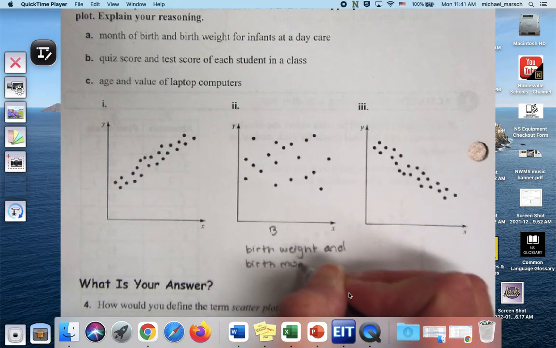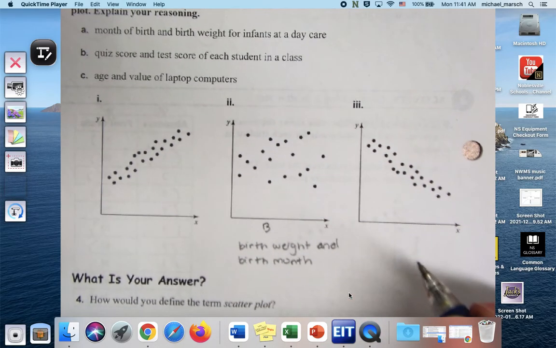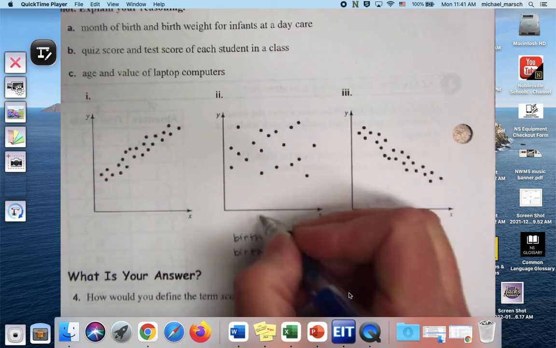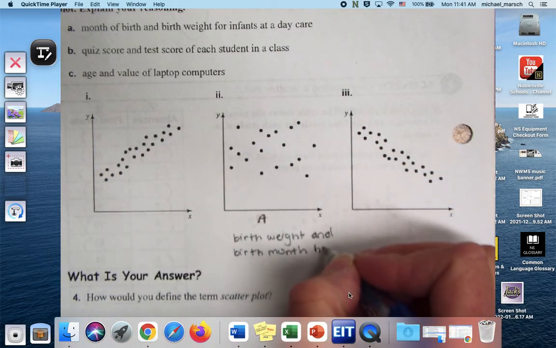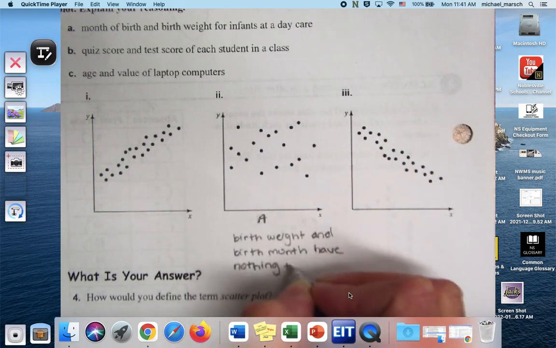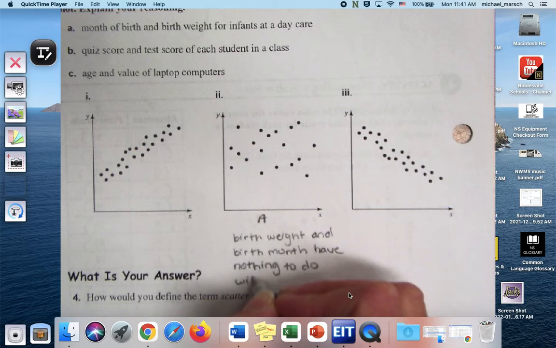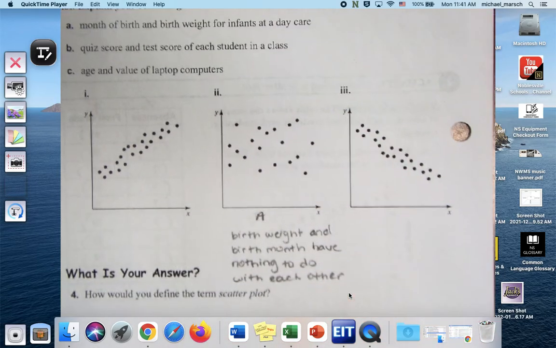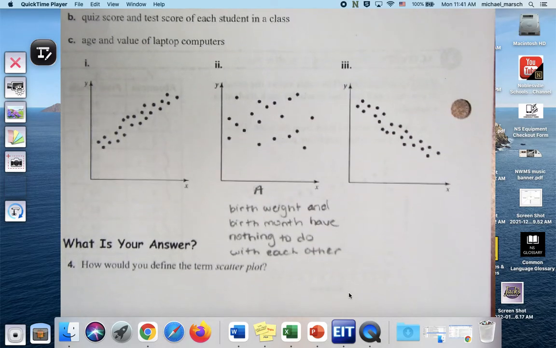That was A. Oh, this should be A. Yes, this should be the letter A. Have nothing to do with each other. The time of year you're born does not have any correlation to how much you will weigh when you're born.